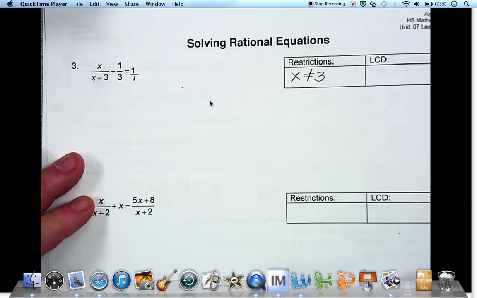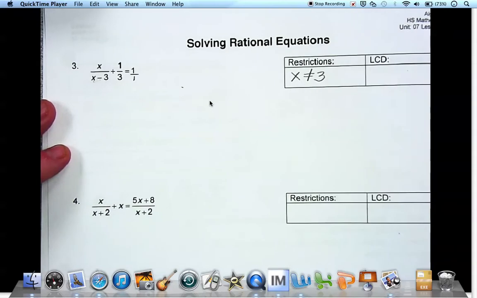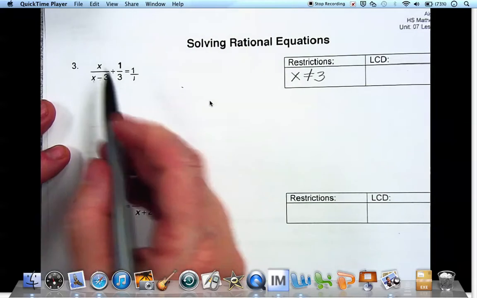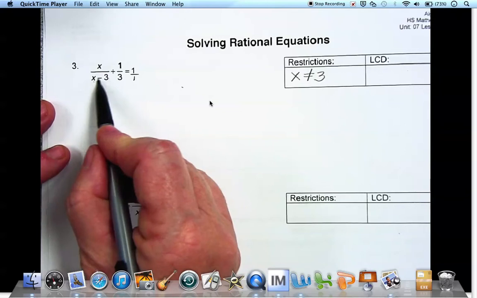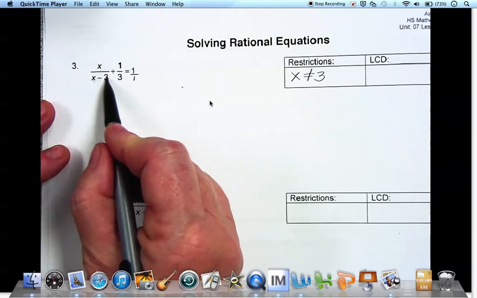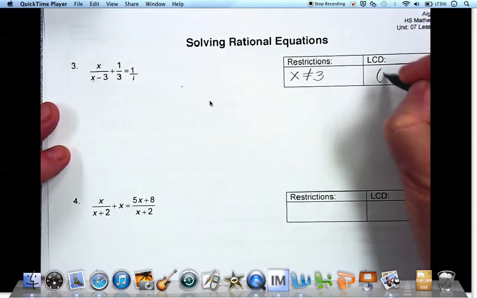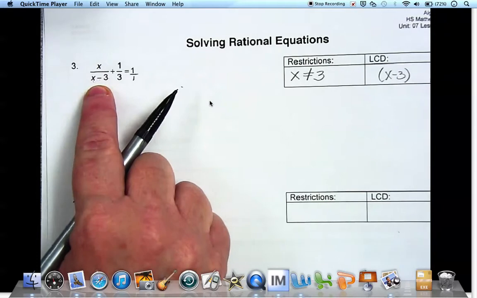Okay, and then we're going to find the least common denominator next. Okay, so remember, every denominator that is different wants to be included. So this denominator, x minus 3, they are married to each other by that minus sign. So they are a married couple. You cannot split them up. There are no divorces. So we're going to need x minus 3 as one of our least common denominators.